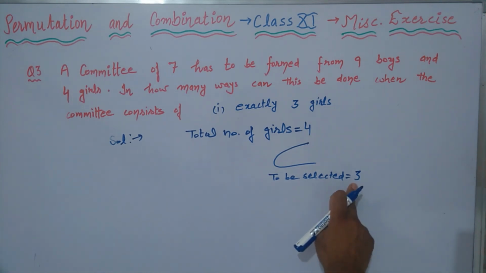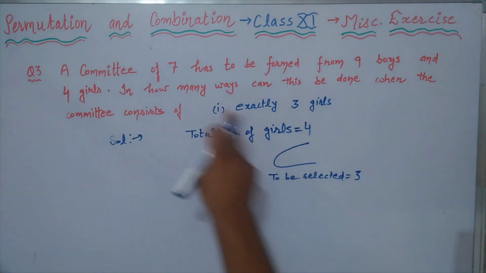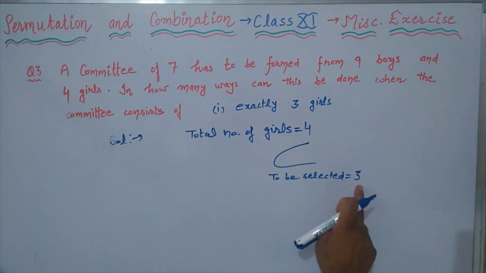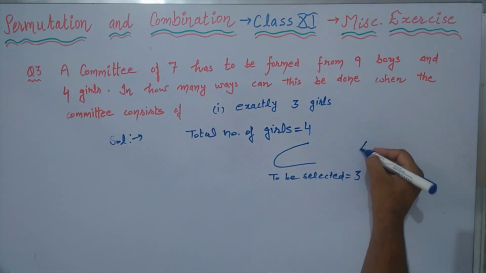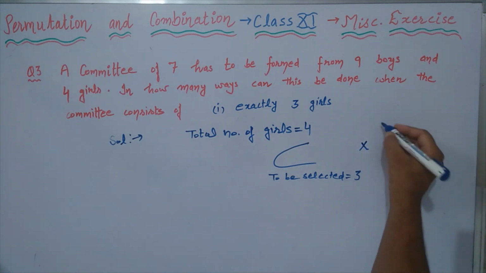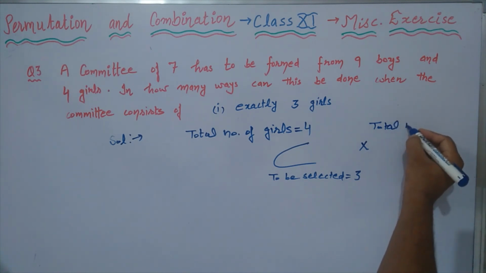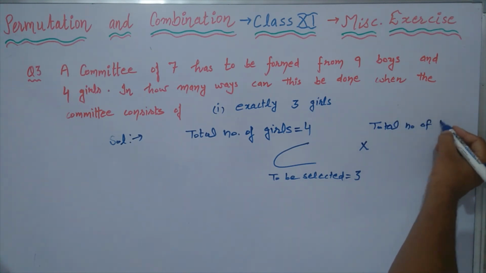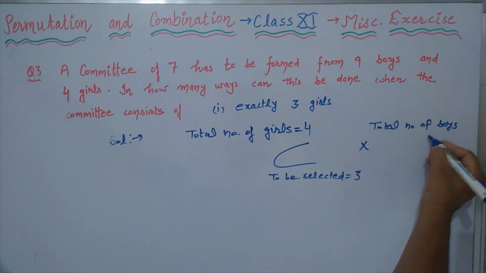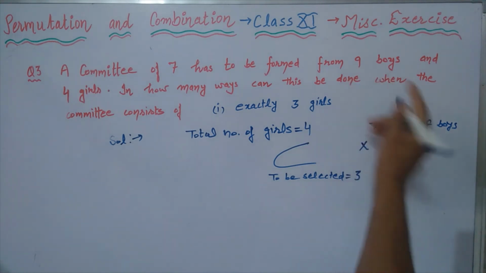But we have to form a committee of 7 members. It means we need now 4 boys. So for that purpose, we write here total number of boys is equal to 9.